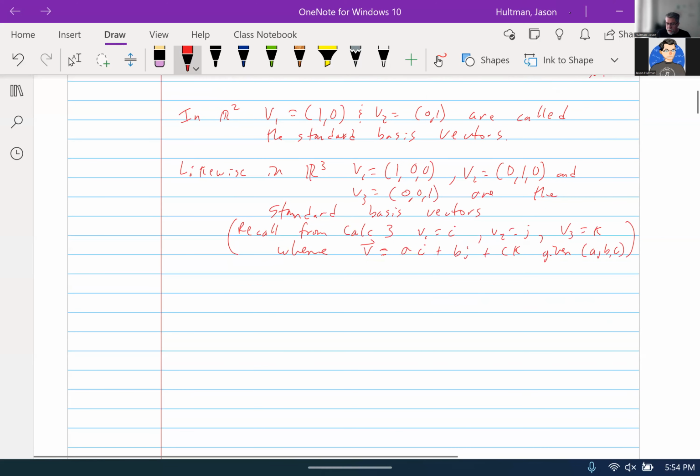So those were called the standard basis vectors. And now you know where the basis comes from. The basis is a base. It's the building blocks for the entire vector space of R3.